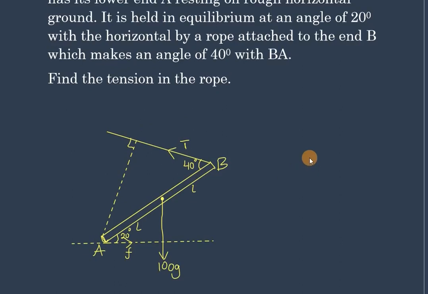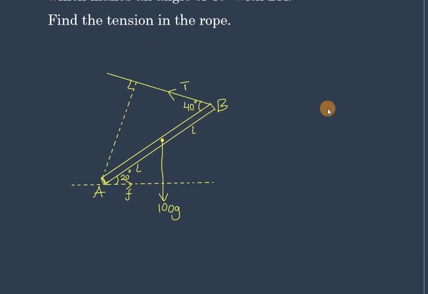So what we are going to do is take moments about the point A. If I call this side A, then I can call this side B. The length from point A to the line of action of the weight is the one I'm calling B. So we take moments about A. That's how we write it, and that is what it means.